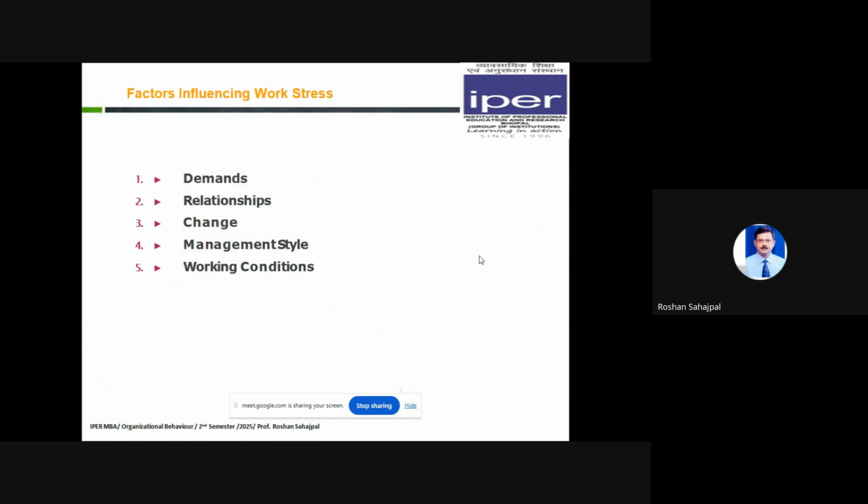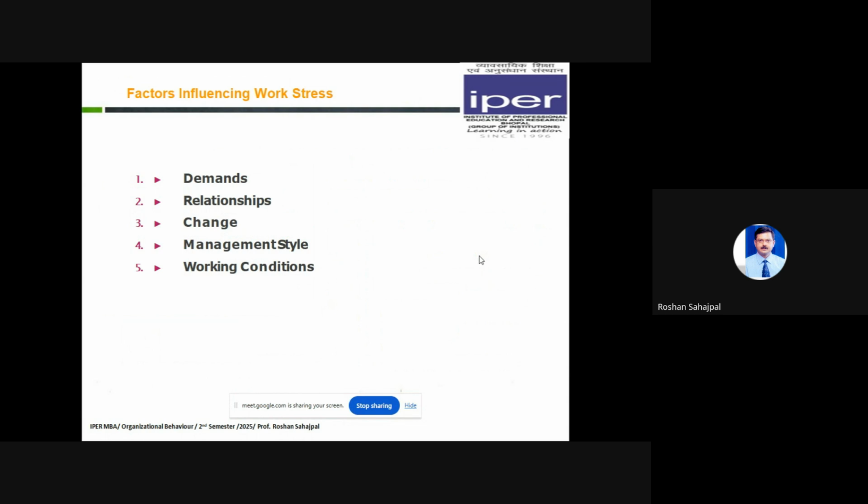So what are the factors influencing work stress? First are demands, and especially unrealistic demands. As per the scientific studies, if you can recall the ones that we have done in module number 1, it was found that a person can only maintain the work-life balance if the person works for 8 hours a day. Now, people in the corporate world are talking about 90 hours, 50 hours and 100 hours, no holidays.